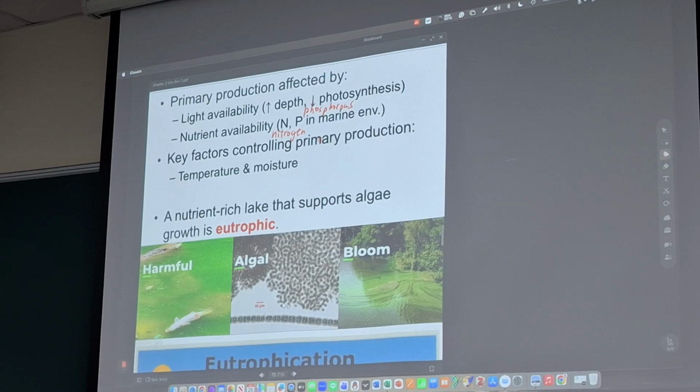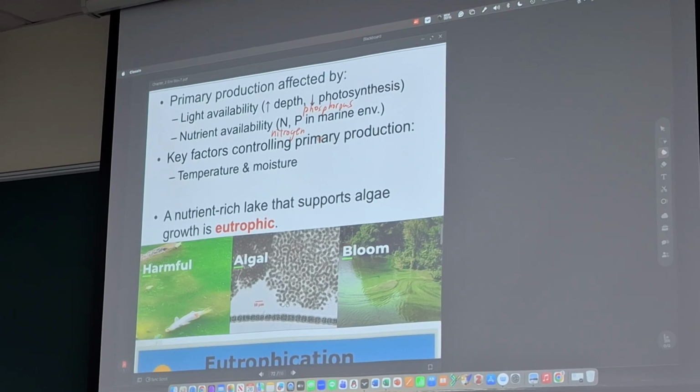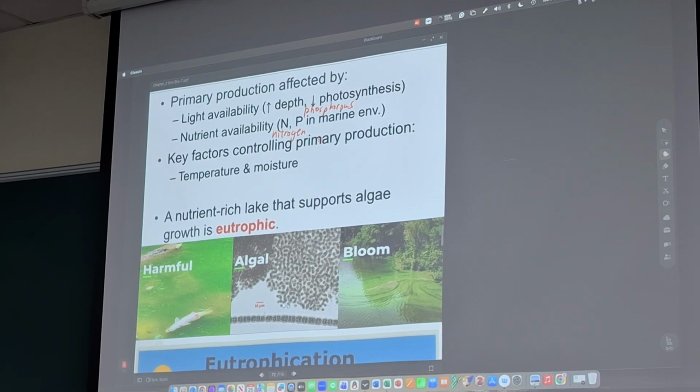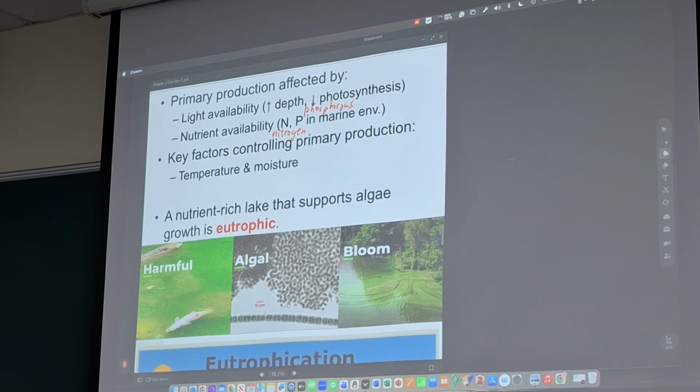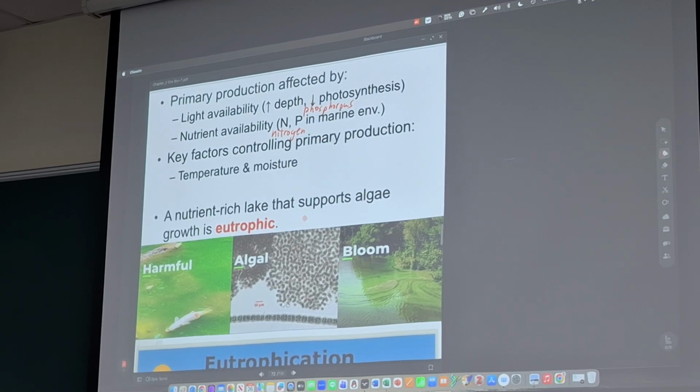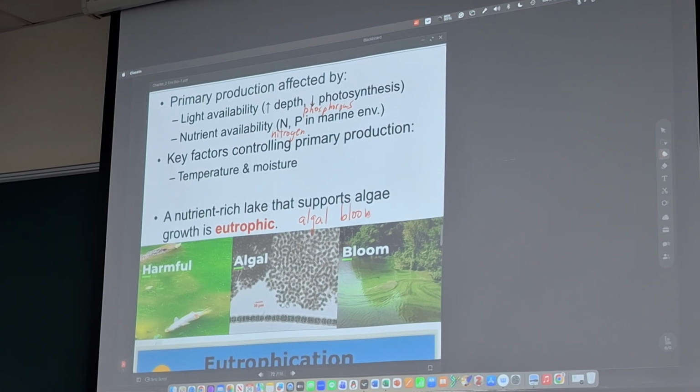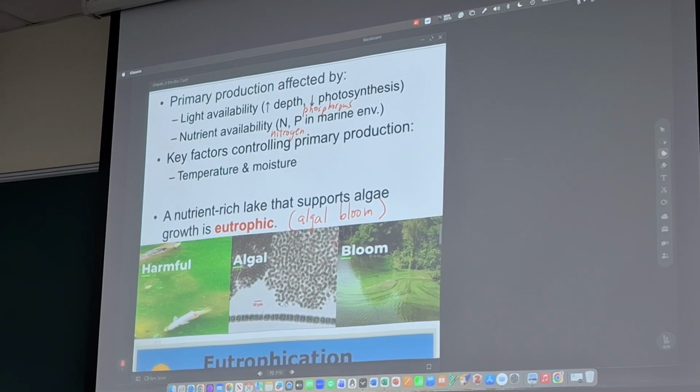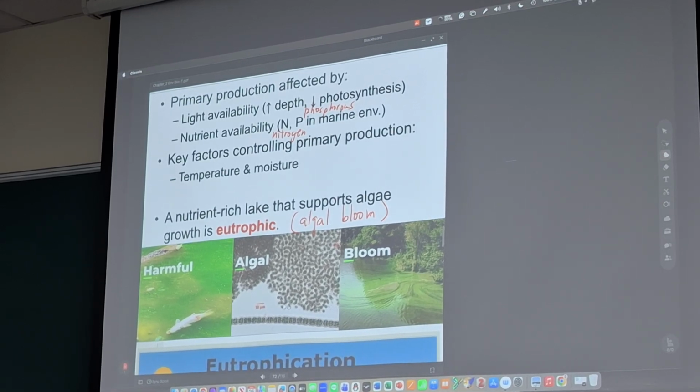Because nitrogen and phosphorus are nutrients for algae, algae will grow a lot in the lake. So we also call this algal bloom, which means algae grow a lot in the lake.